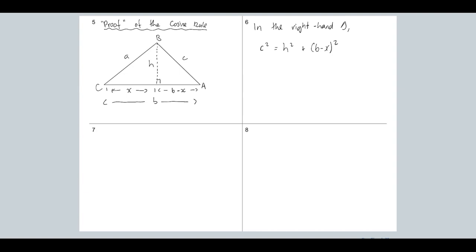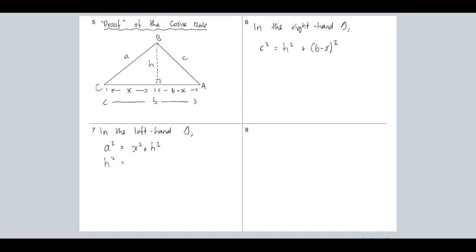So in the left-hand triangle, what have we got? I'll do it in two steps. We've got a squared is equal to x squared plus h squared. That's Pythagoras' theorem because they're just right-angled triangles.